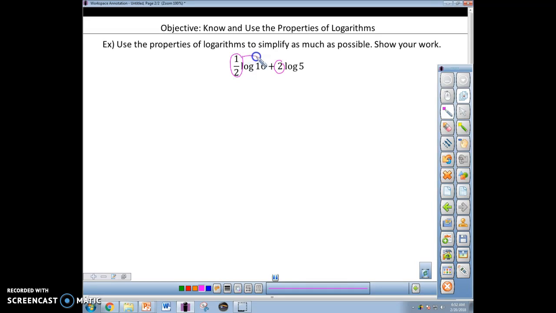So in our first step, both of those multiplying factors will be moved to the exponent positions on the arguments of 16 and 5. So we're using the power property here. This gives us log of 16 to the power of 1/2 plus log of 5 to the power of 2.